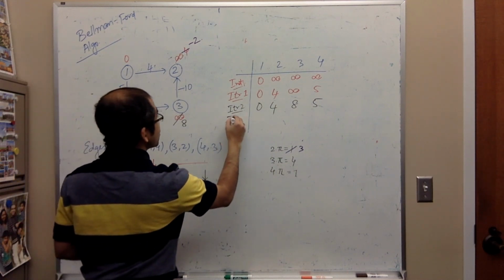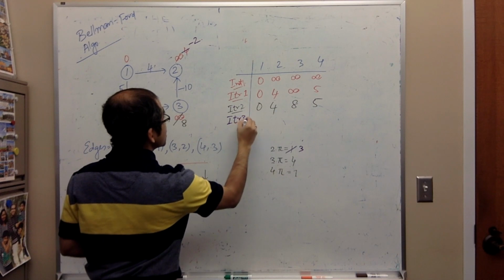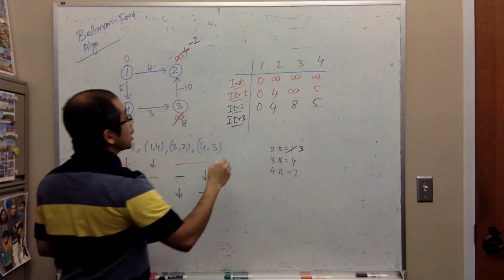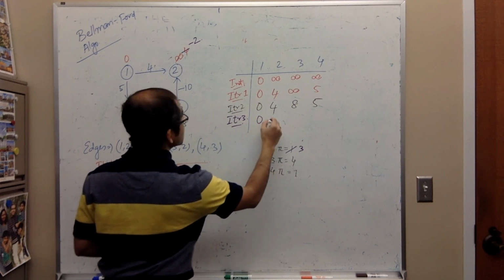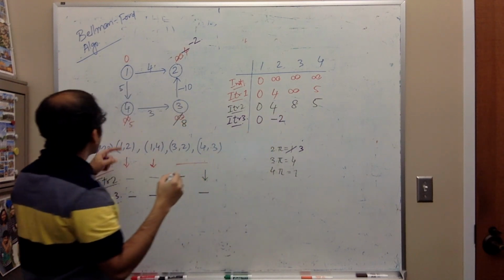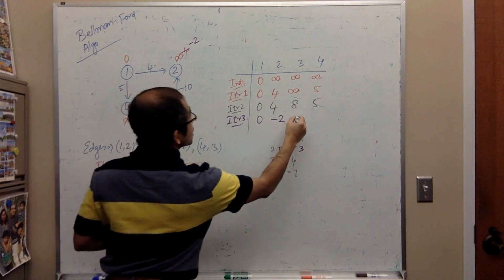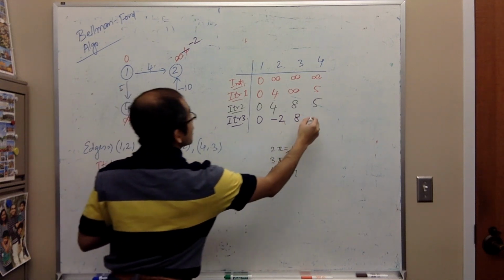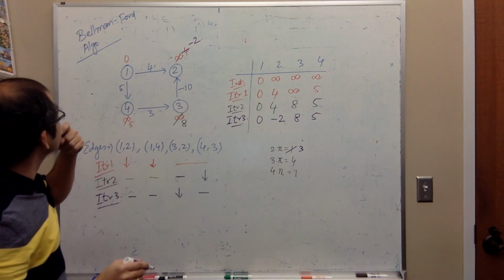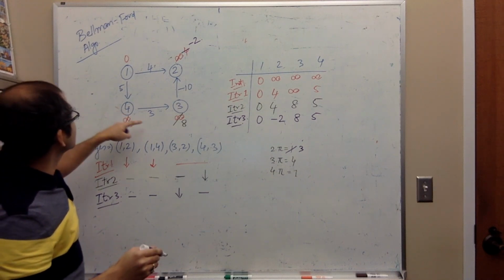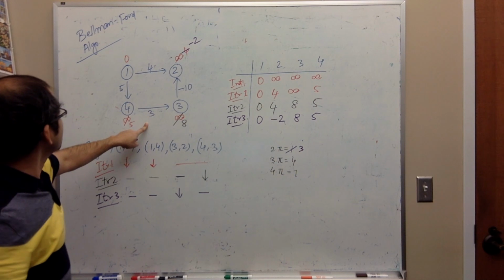So at the end of iteration 3, the distance estimates are: 1 is 0, 2 is minus 2, you see, 3 is 8, and 4 is 5. So now this graph, does it contain a negative edge-weight cycle?